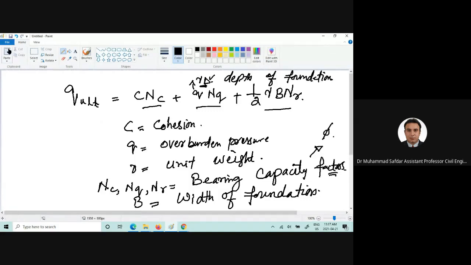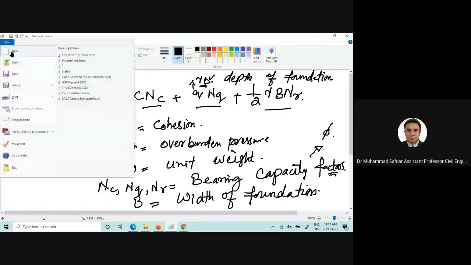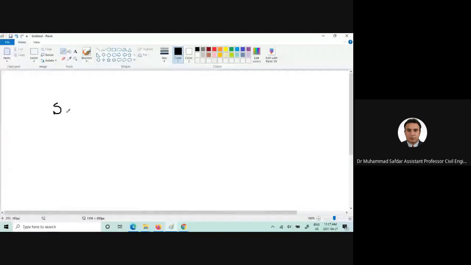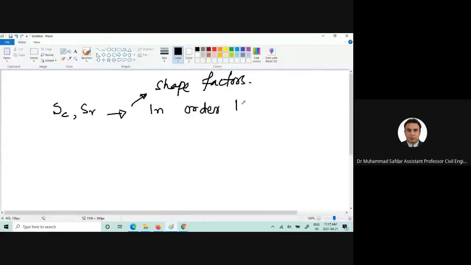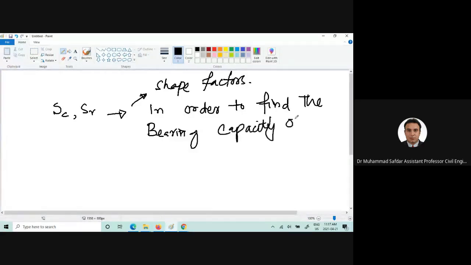Now, Terzaghi also proposed a few shape factors, SC and S gamma, in order to find the bearing capacity of different shapes of foundations.